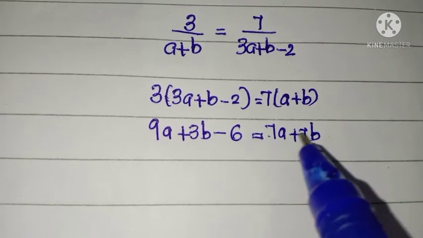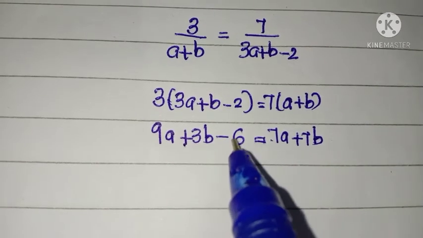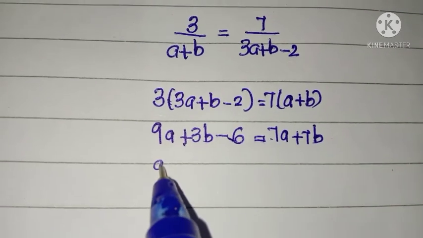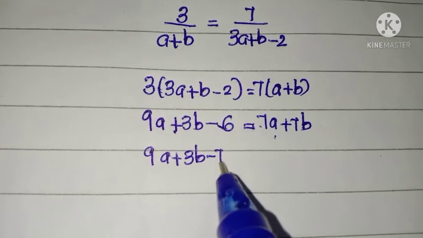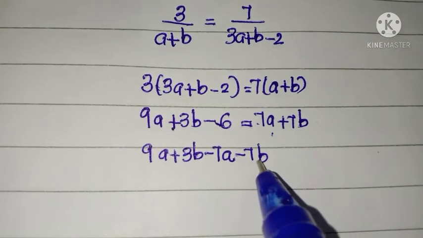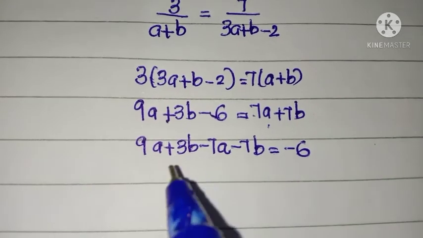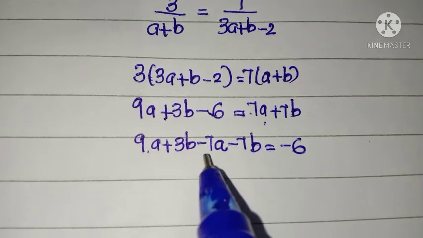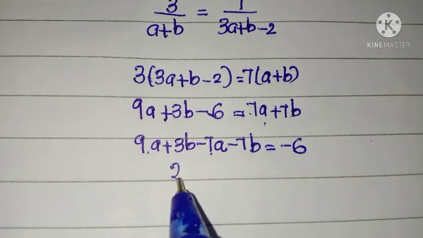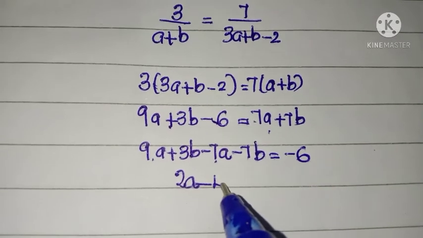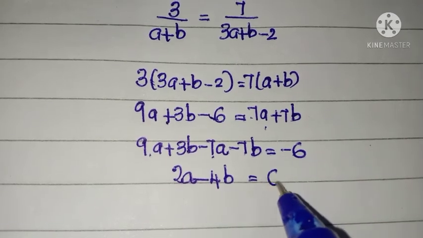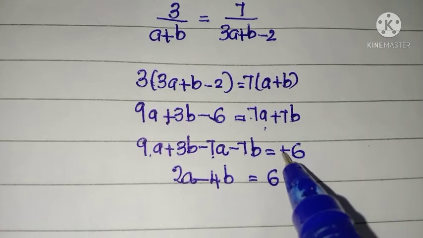Now take all these terms to the left side, minus 6 to the right side. So 9a plus 3b minus 7a minus 7b is equal to minus 6.